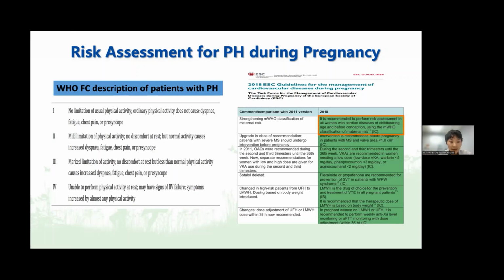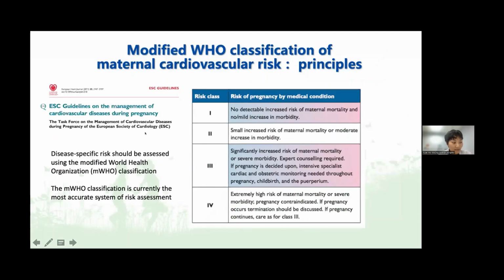However, this tool has not been validated among pregnant women. So the disease-specific risk class should be assessed using the modified World Health Organization classification. The modified WHO classification is currently the most accurate system of risk assessment.